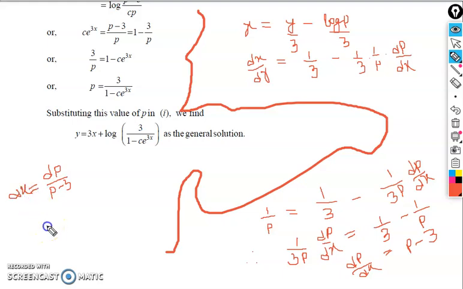So integrating both sides, we consider the arbitrary constant c.